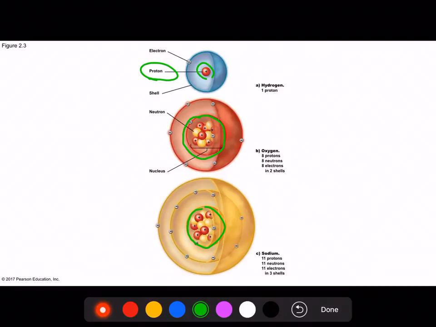Here on this diagram, these are the red balls. These protons have positive charge and they have a mass. Okay, so protons are positively charged and they have mass, that is weight.